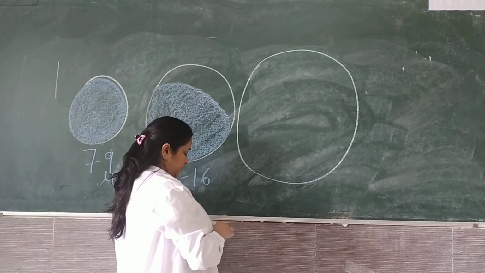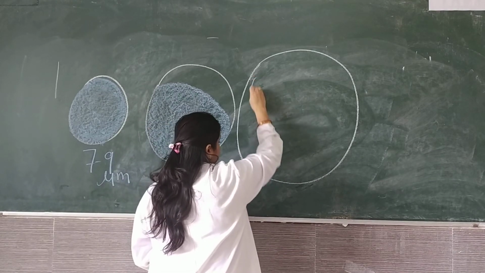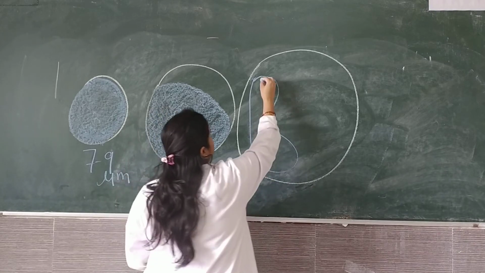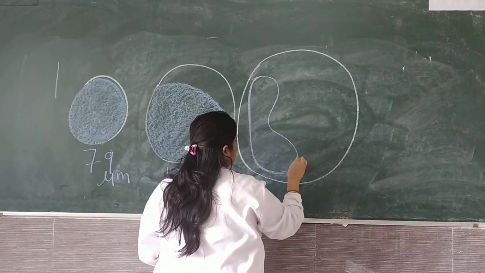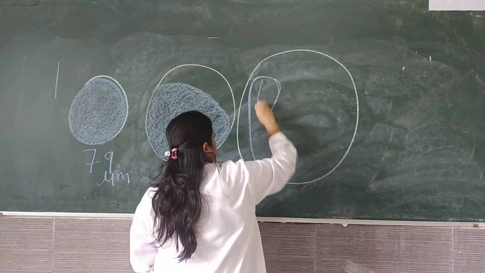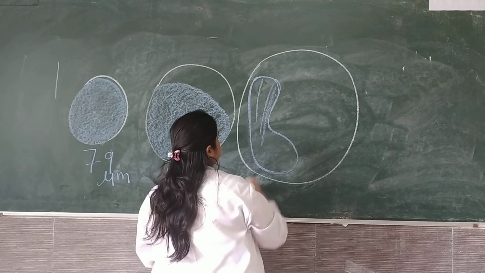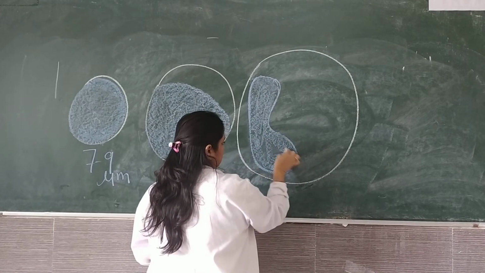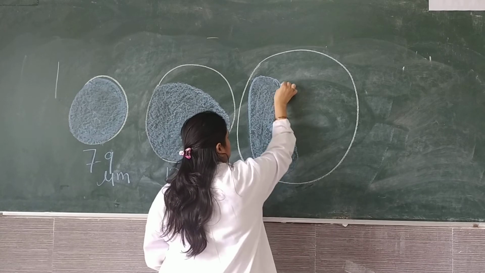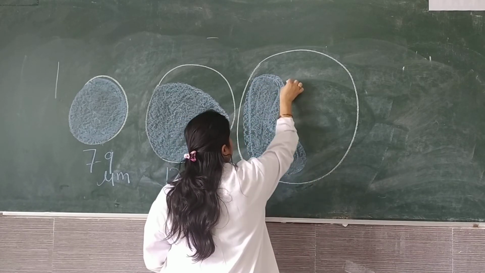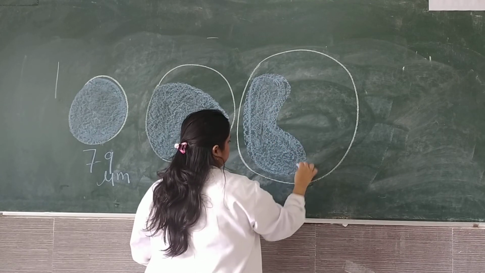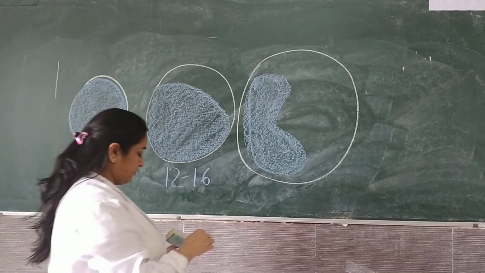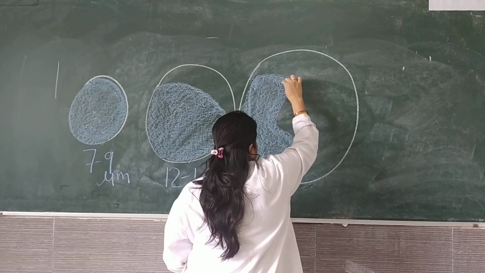It will be an indent type of nucleus, so the nucleus can be like this towards one side of the cell, purple to bluish in color, with a 60-40 ratio of nucleus and cytoplasm.